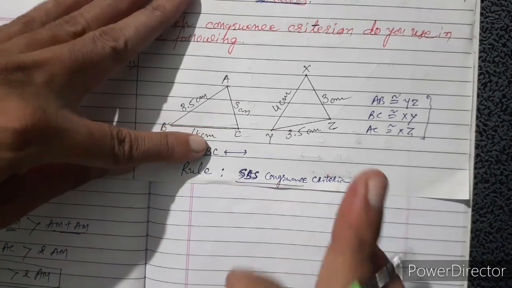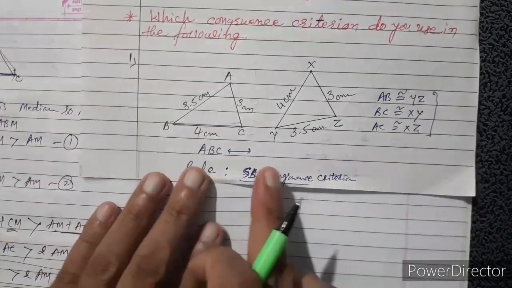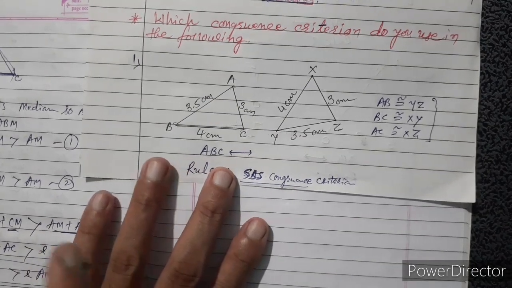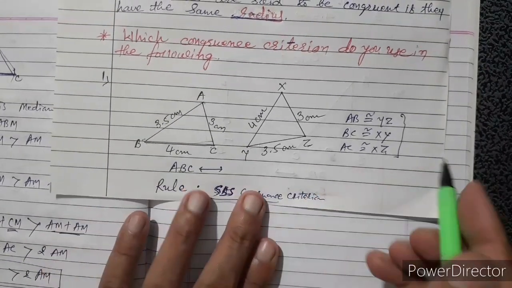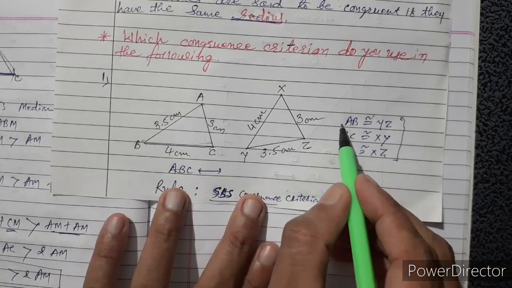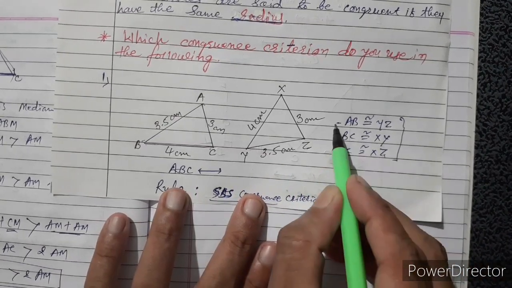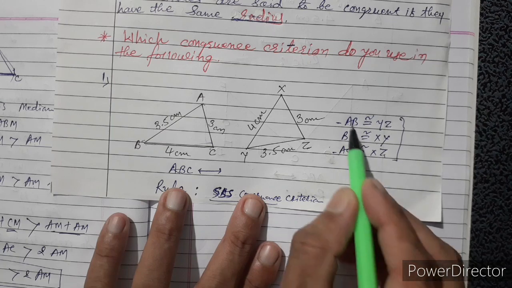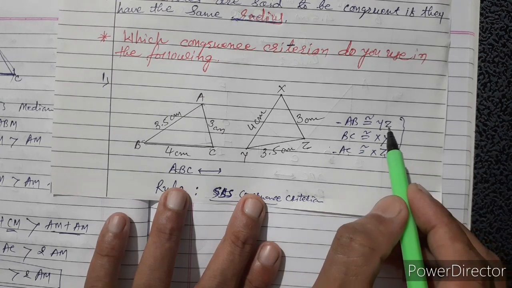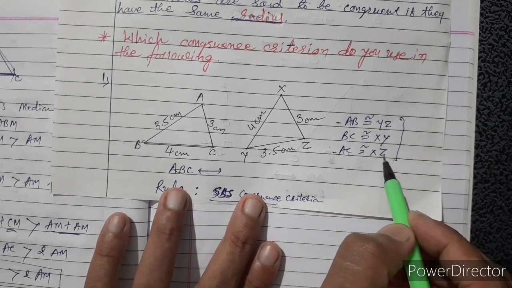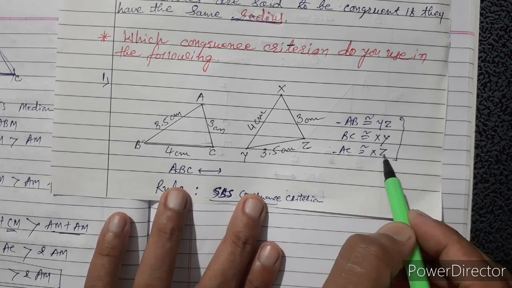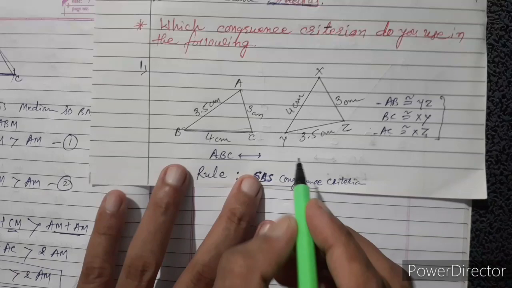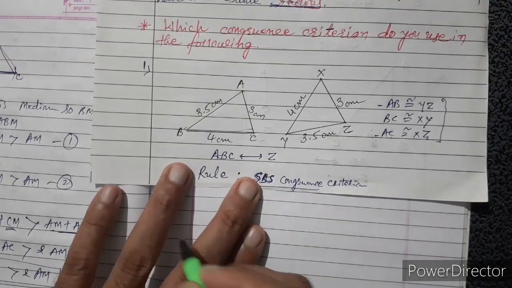Otherwise SSS rule. Okay, now ABC is congruent with... So look how to check that one. Here you just check A, in which two sides A is there, in these two sides, AB and AC, so A is common. Same here, in that two, which one is common in XYZ? Here in both, Z is common, so you just write down Z here.